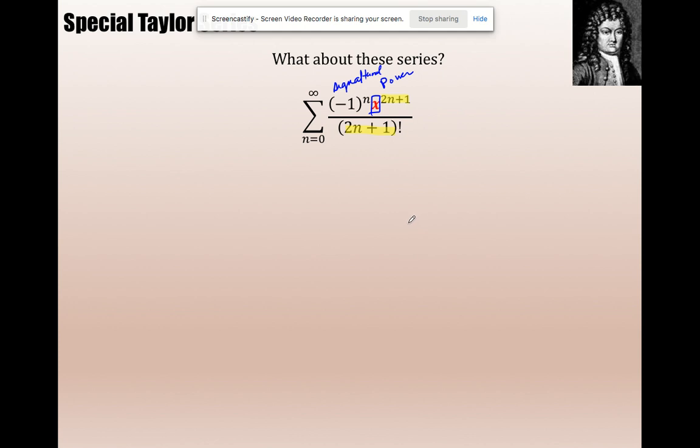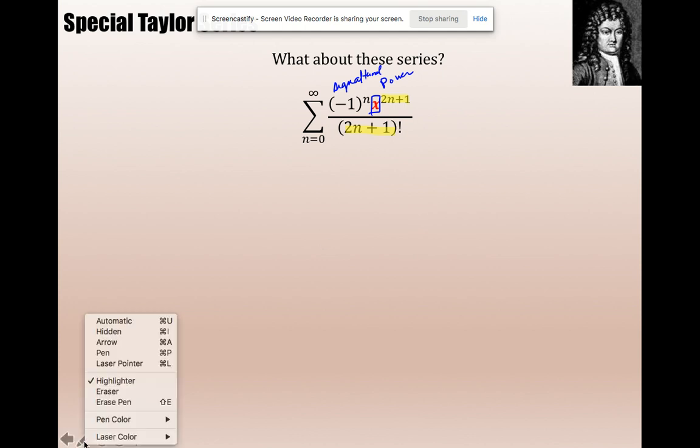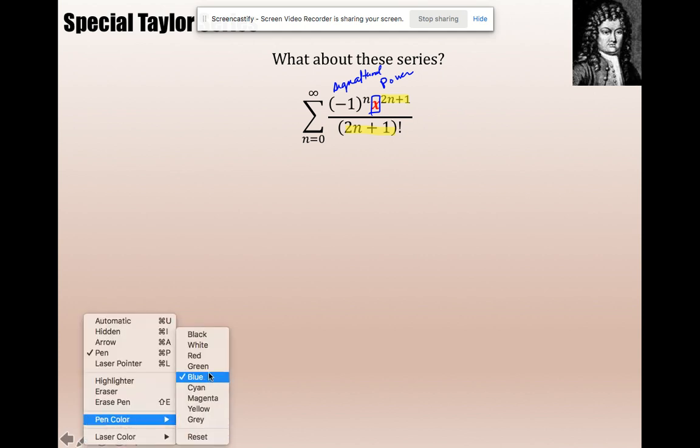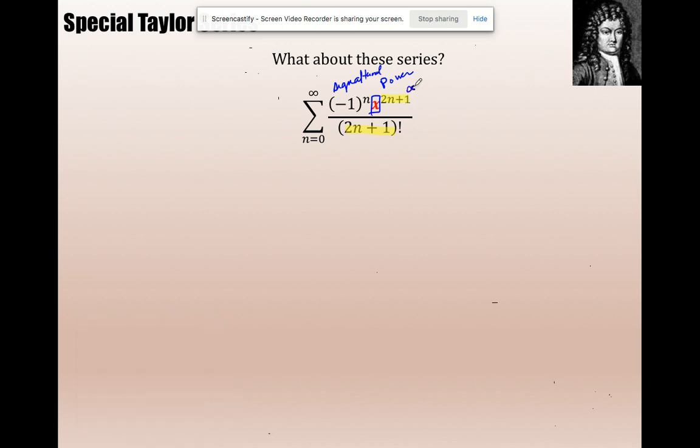What is 2n plus 1? What kind of number is that? When you plug in 0, when you plug in 1, when you plug in 2, when you plug in 3, what kind of values do you get out of that? Right, odd numbers only. So the terms of your series are all going to be odd, and you're going to be dividing by odd factorials. So if I asked you to expand this out, you could.